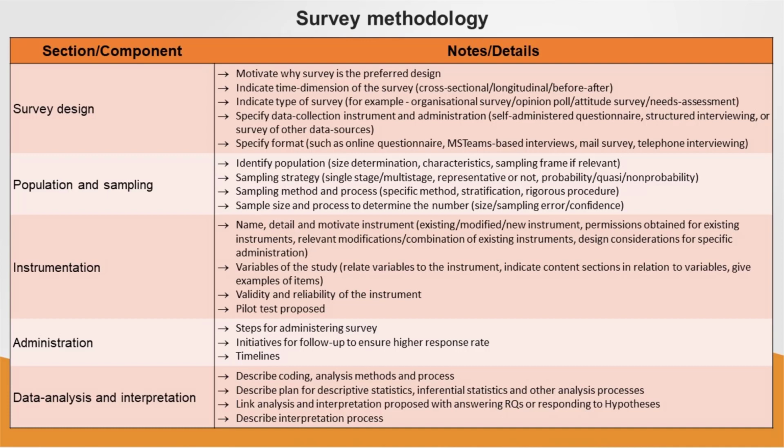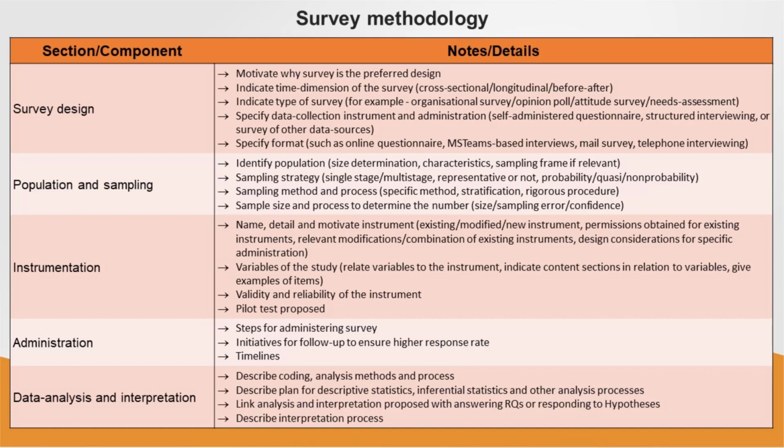Specify the data collection instrument and administration. Is it a self-administered questionnaire? Is it structured interviewing or a survey of other data sources? And then specify the specific format. Is it an online questionnaire? Is it Microsoft Teams-based interviews? Is it a mail survey or telephone interviewing? What those specifics are.